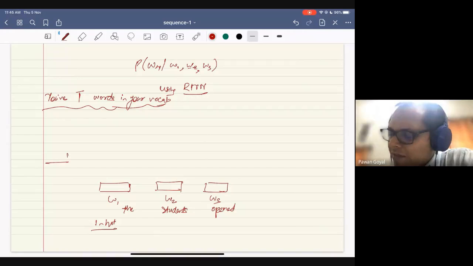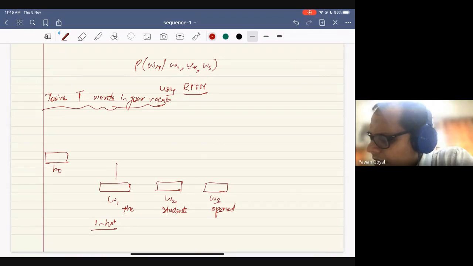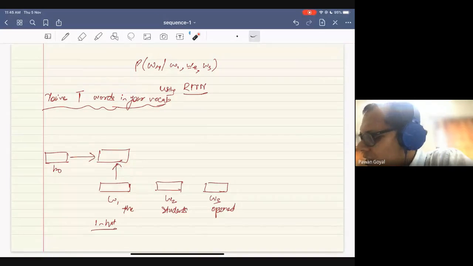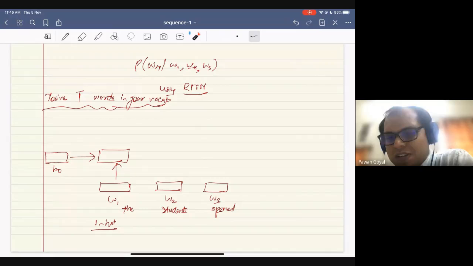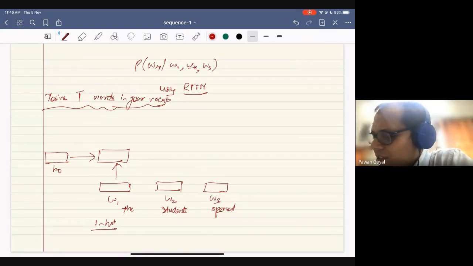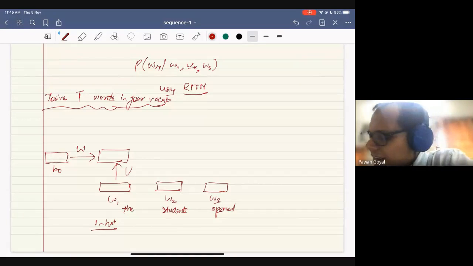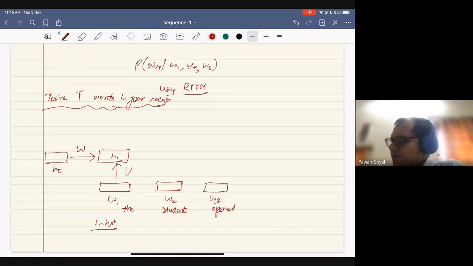And then I have an initial hidden state, and I pass it through input to hidden, and hidden to hidden, right? So I have 2 different matrices. Now you may have different conventions. I'm just writing something. So let's say this is U and this is W, and I get to this particular H1 hidden state.